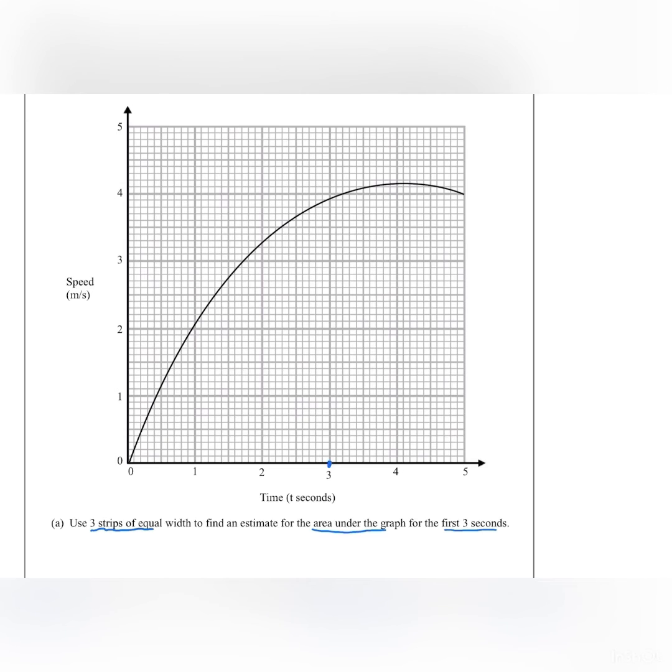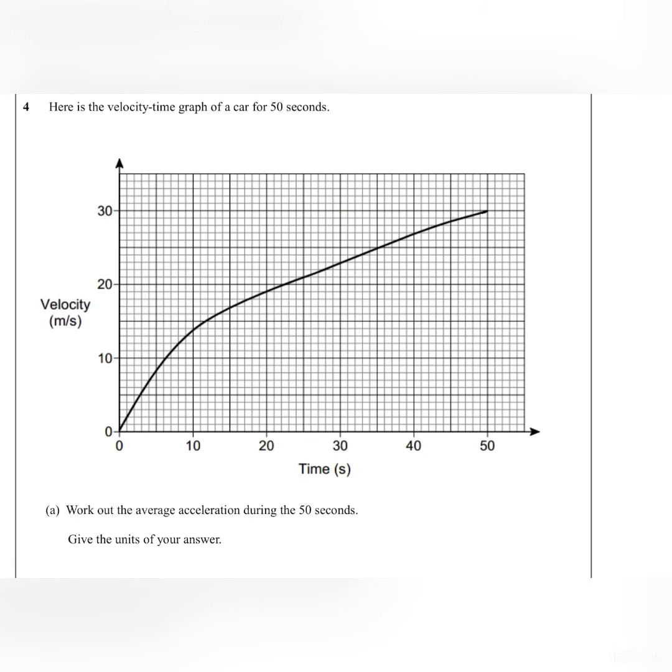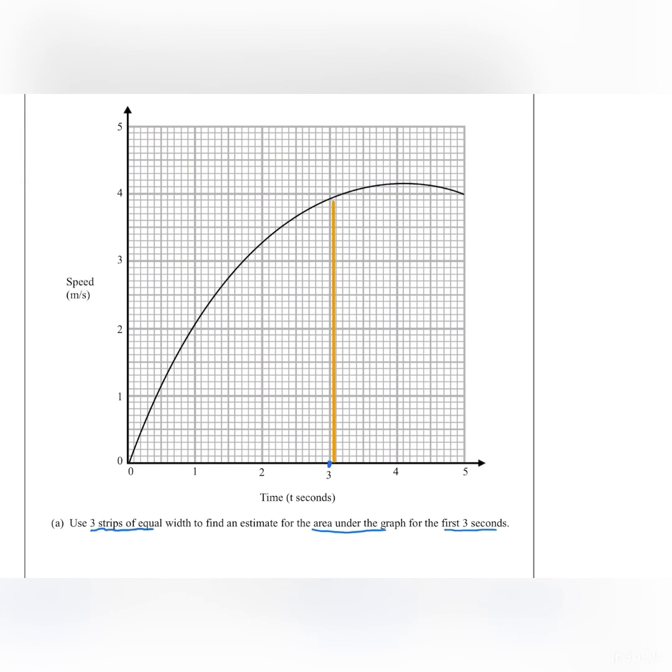So let's draw this line again, from there to there, and from this point over here, and from there to here. So these are 3 strips that we have to divide the graph into.